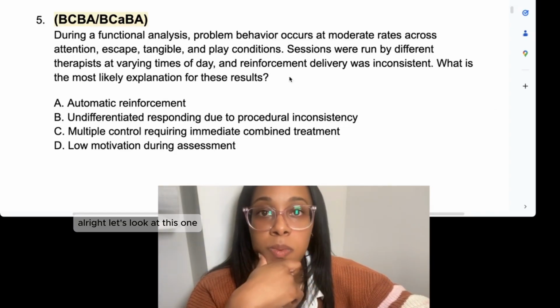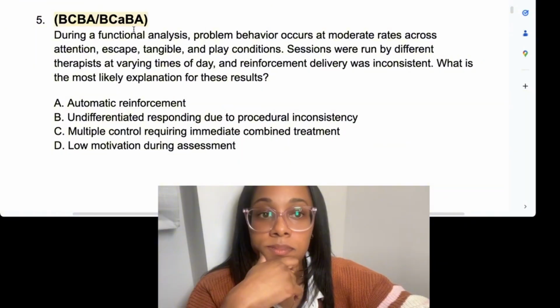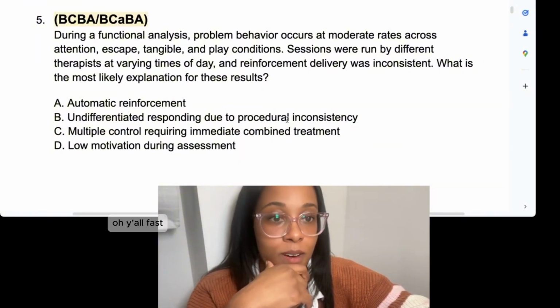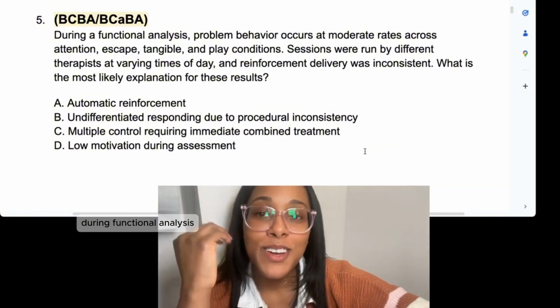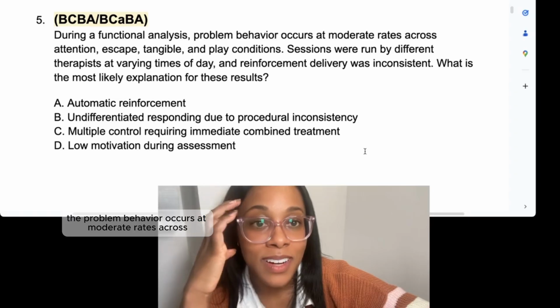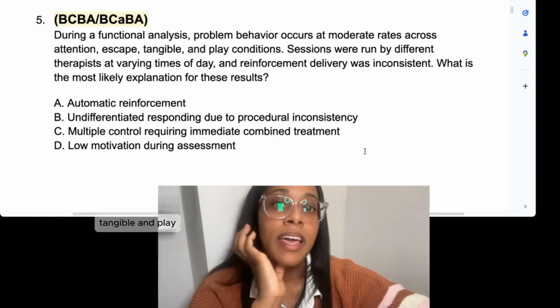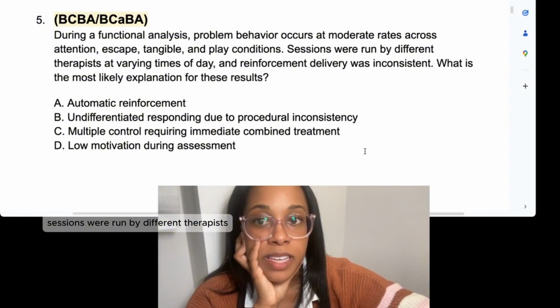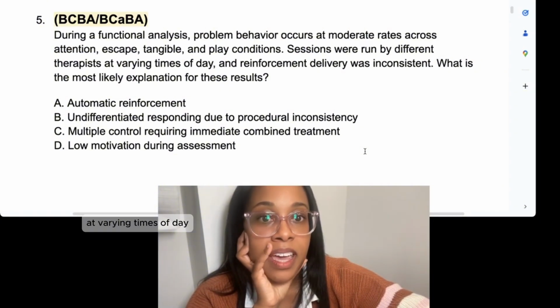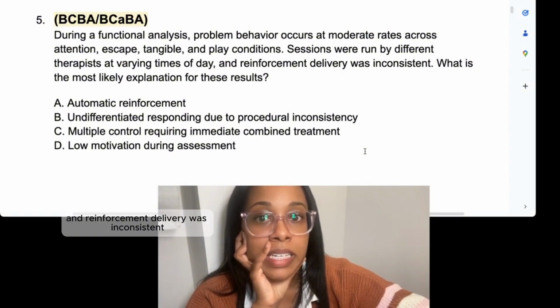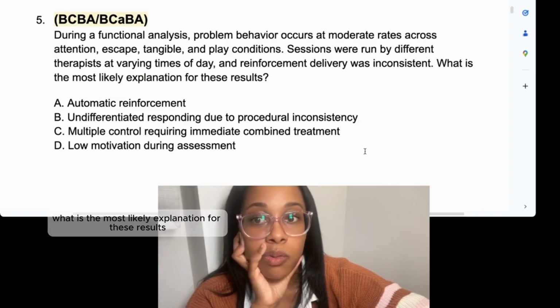All right, let's look at this one. Oh, y'all fast. Okay. During functional analysis, the problem behavior occurs at moderate rates across attention, escape, tangible, and play. Sessions were run by different therapists at varying times of day, and reinforcement delivery was inconsistent. What is the most likely explanation for these results?